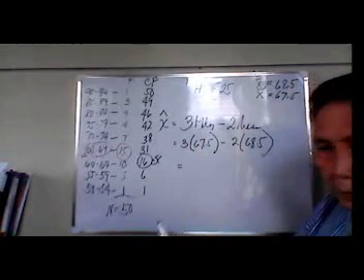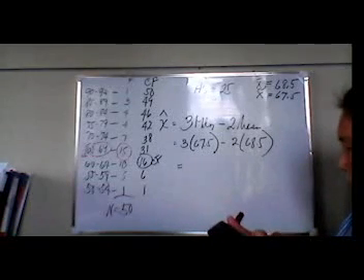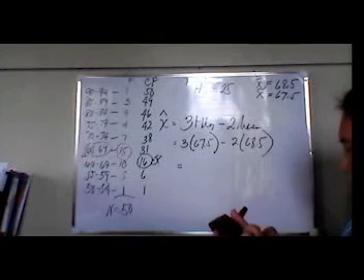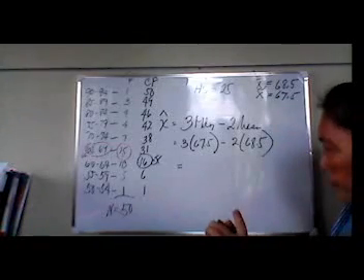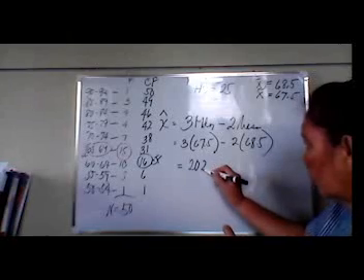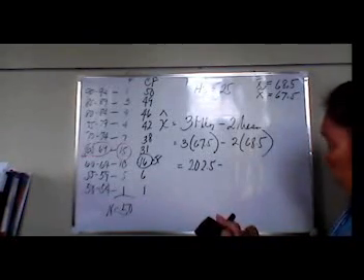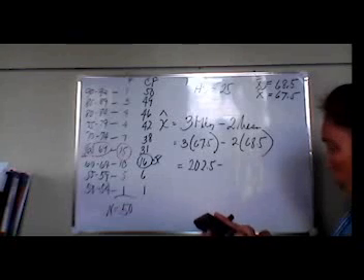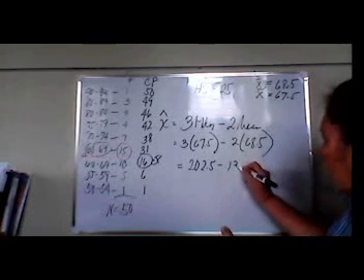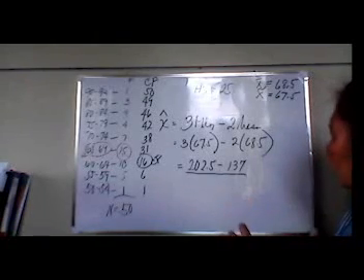Okay. Let's get the value. 3 times 67.5 equals 202.5, less 2 times 68.5 equals 137. Okay.